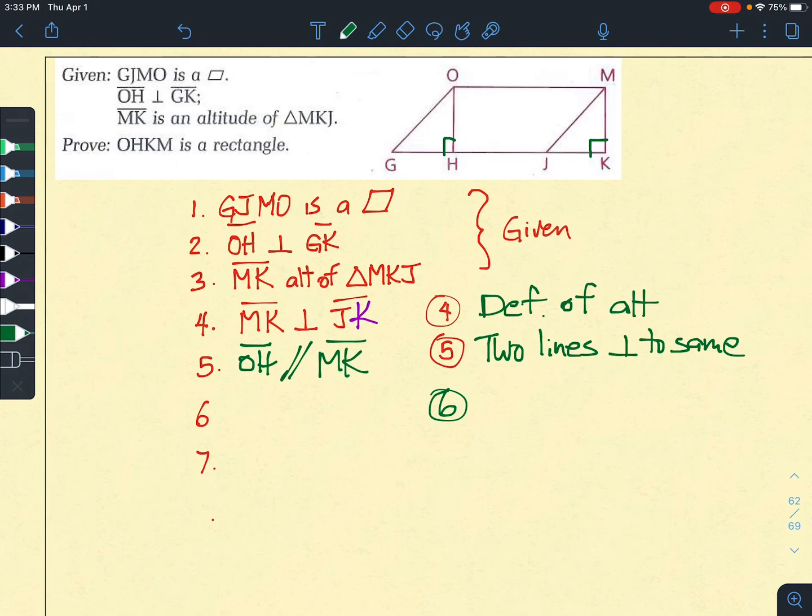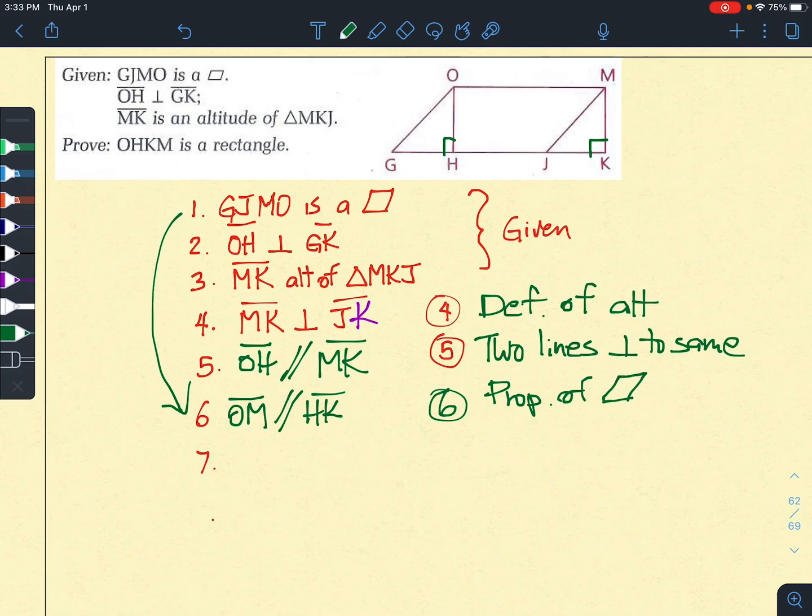Okay. Therefore, we could also conclude from line 1 that OM is parallel to HK. Properties of parallelograms. Line 7, by definition, OHKM is a parallelogram.